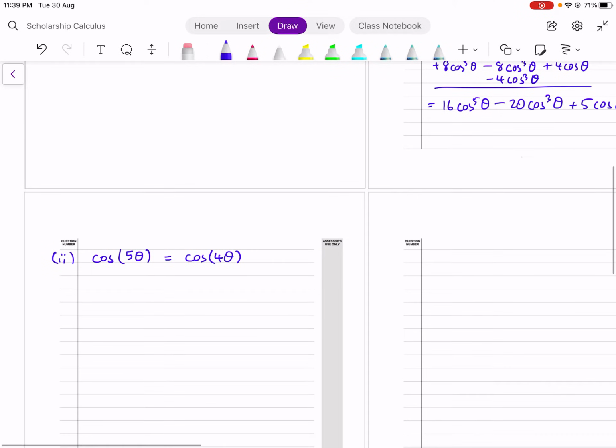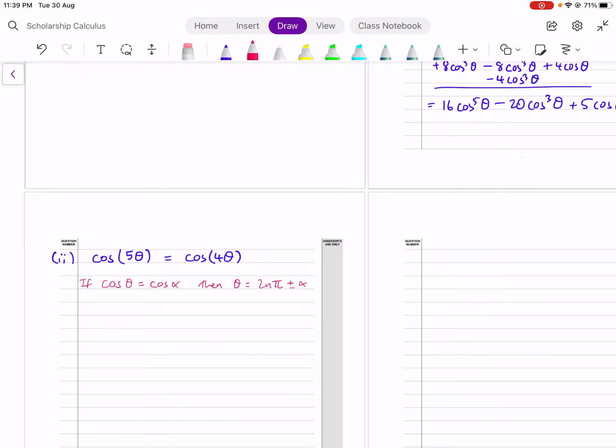There's two ways to solve this equation. Number one is to realise that they've used a poor choice of variable, but on the formula sheet, it tells you that if cos theta equals cos alpha, then the solution is theta equals 2n pi plus or minus alpha.